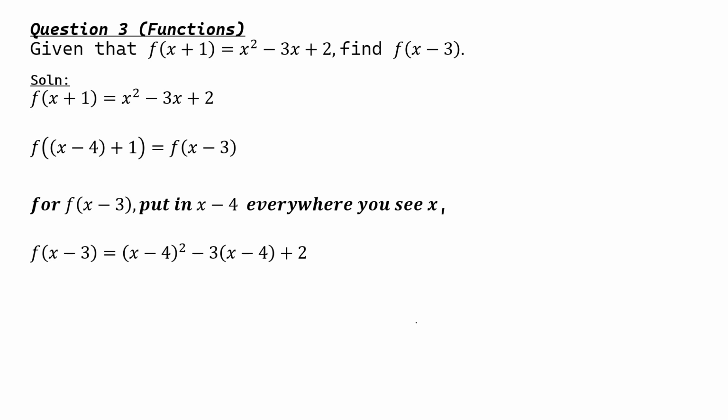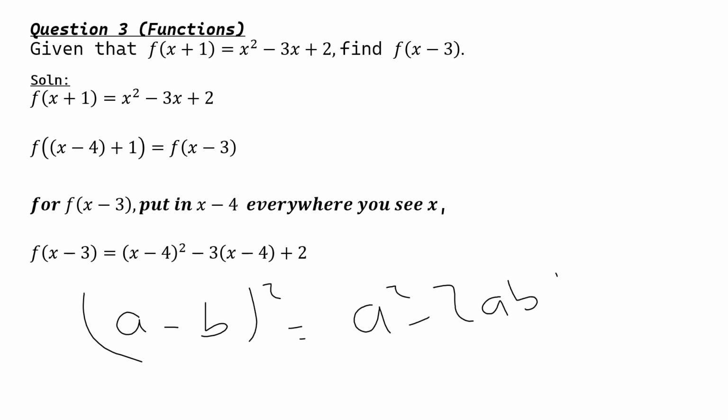Now we know from a minus b squared we have a squared minus 2ab plus b squared. So x minus 4 squared will be what? x squared minus 2 times x times 4, so 8x, plus 16.